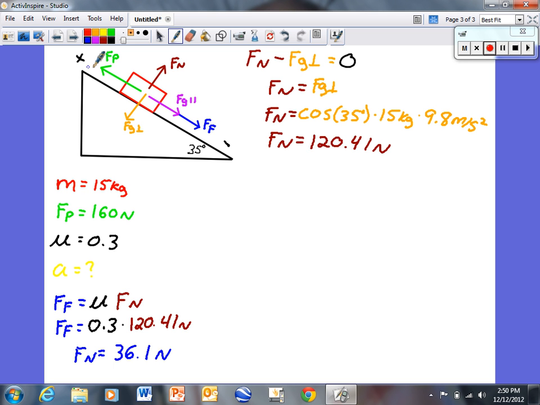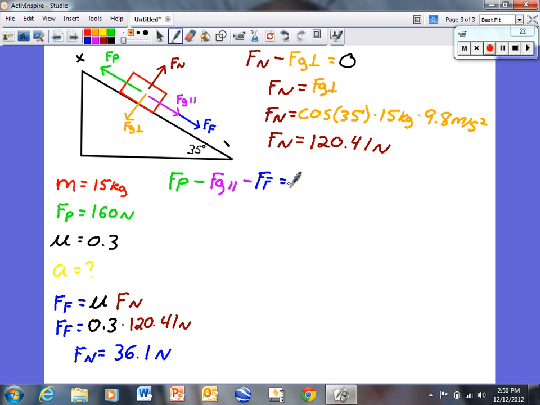Now we can solve for the acceleration of this block. In this problem, I said up the hill and to the left in the direction of the force of push is positive, and down the hill to the right is negative. So I'm going to take my force pushing in the positive direction, and that's force of push, minus the forces that go in the negative direction, which is force of gravity parallel and force of friction.